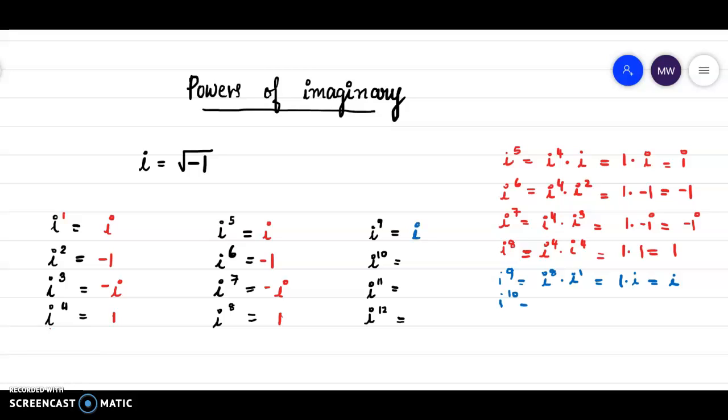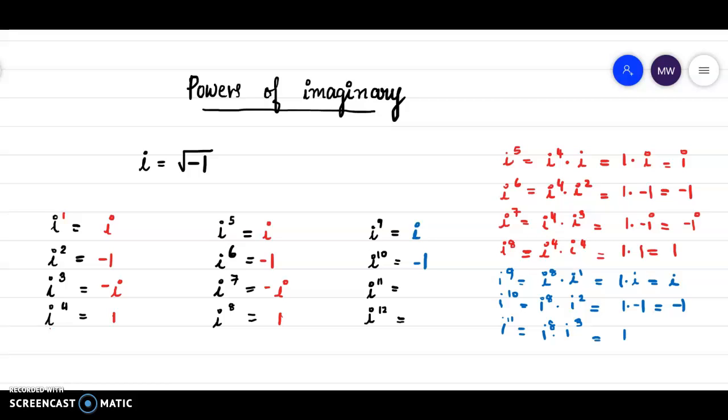Then for i to the tenth, I can write it as i to the 8th power times i to the 2nd power. And i to the 8th is just 1 again, and i to the 2nd power is -1. So I get my answer as -1. I to the 11th, we get i to the 8th times i to the 3rd. That's how I can factor that.